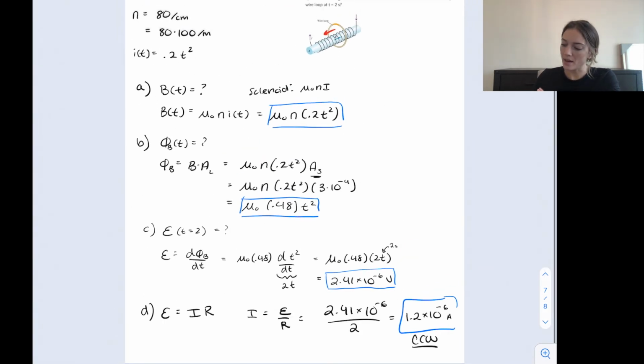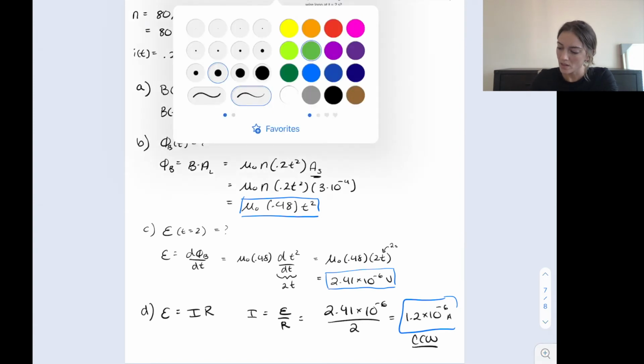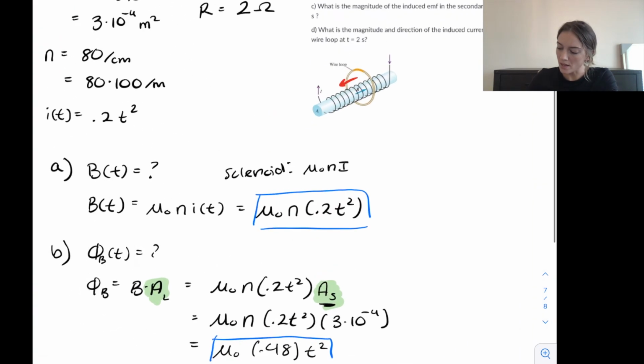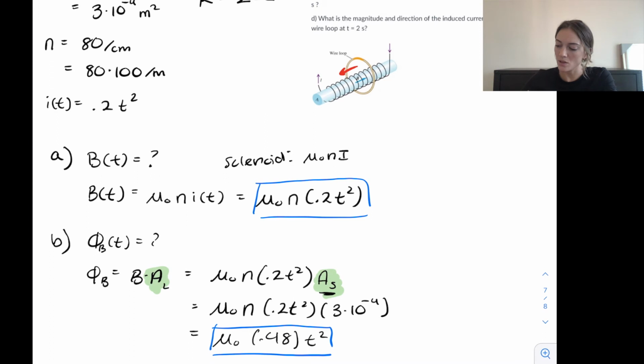So the main thing that I want to point out about this question is the area here. This is important, so be really careful of problems like this. For the flux through the wire loop, you really are taking the entire area of that wire loop. It's just that in this case, we have a magnetic field going through only a portion of it.